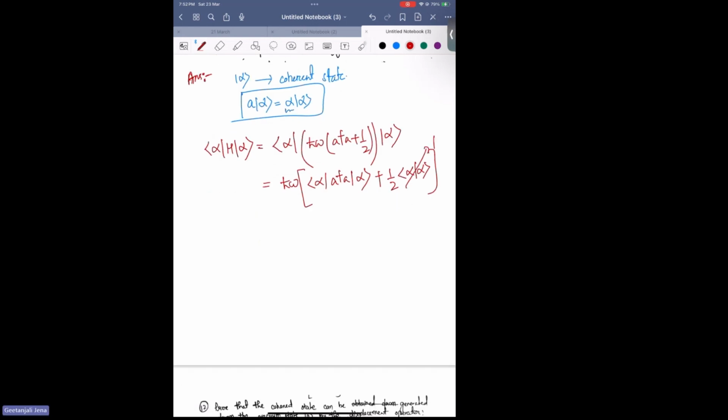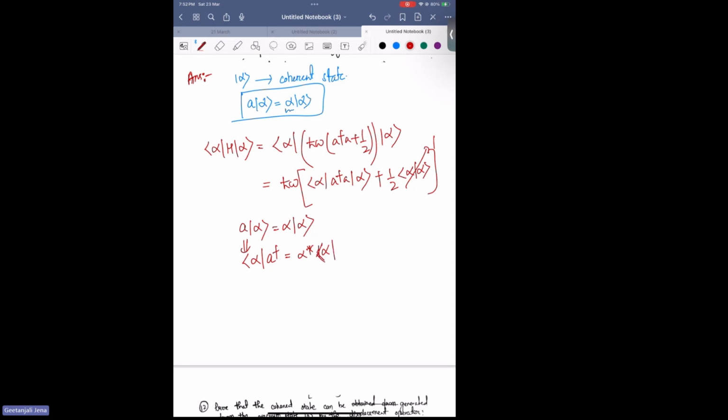This is one. Now it is given that A|alpha> equal to alpha times |alpha>. If you take the dagger, it becomes <alpha|A dagger equal to alpha star <alpha|, the bra.